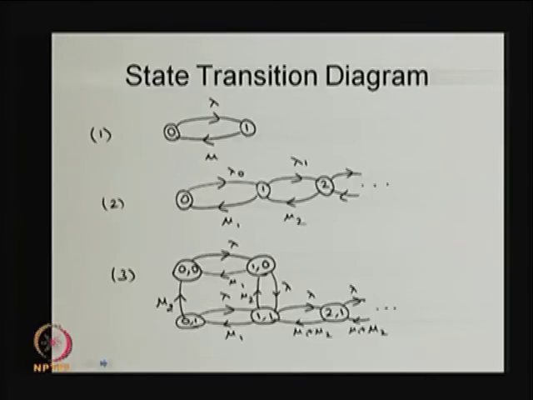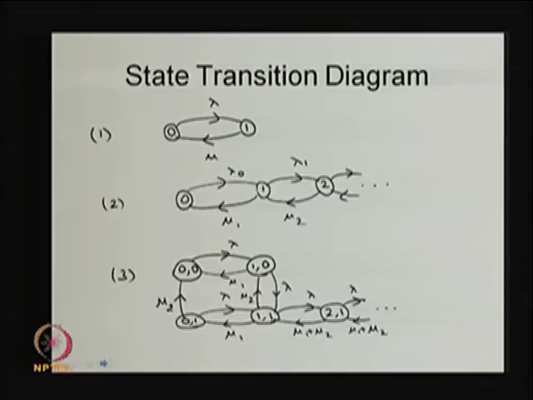and you can classify the states also the way we have discussed in the discrete time Markov chain. Since both the states are accessible from each other, both the states are communicating with each other. Since the state space is 0 and 1 and both the states are communicating, this is an irreducible Markov chain.